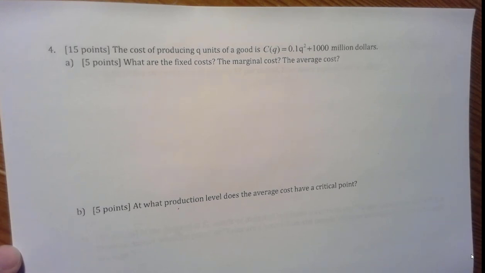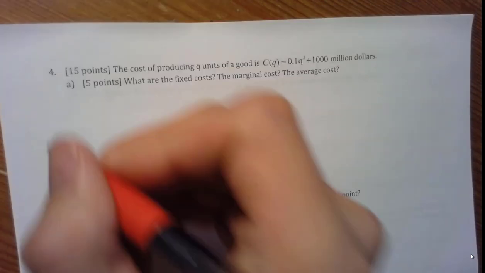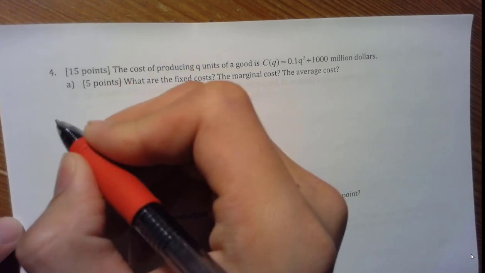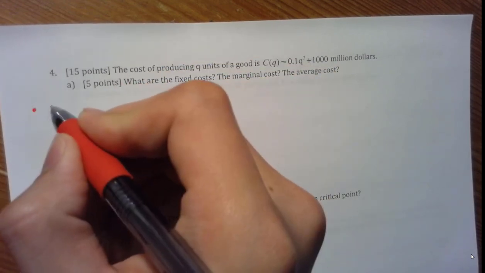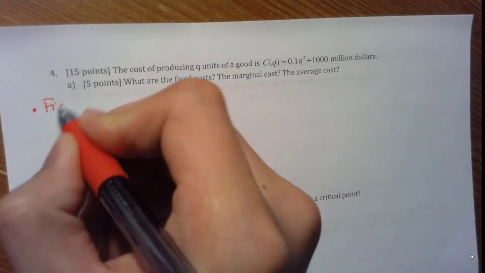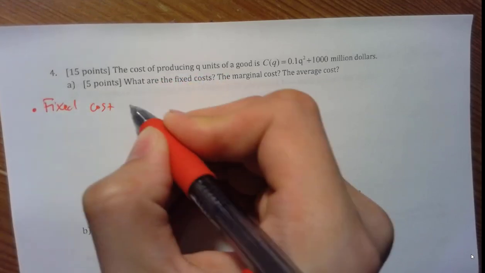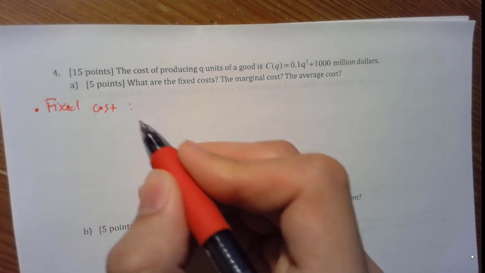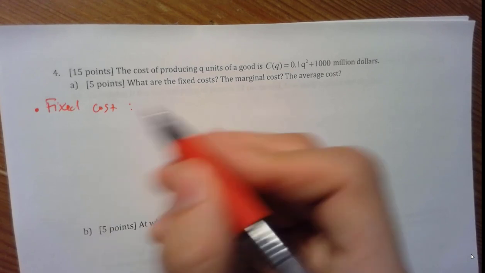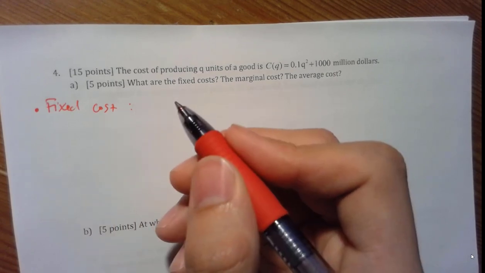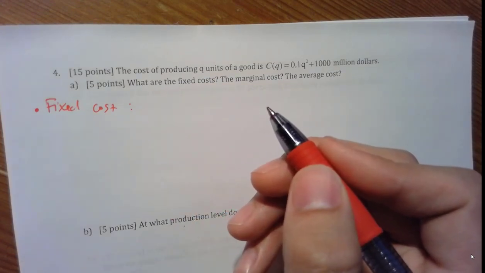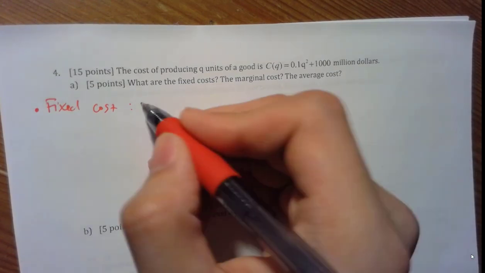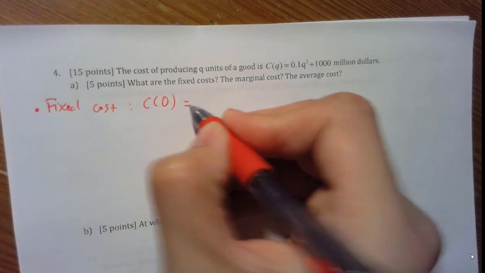The fixed cost is the cost that you have to pay even though the production level is 0. So let's try to find the fixed cost first. The fixed cost is the cost you have to pay even if there's no Q, which is C of 0.